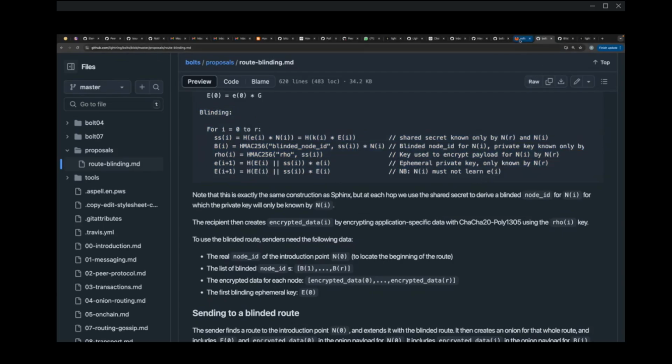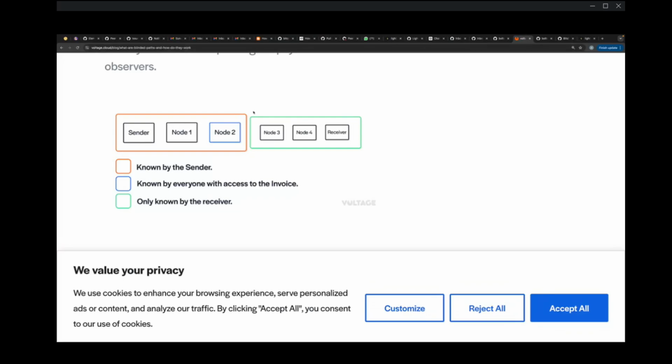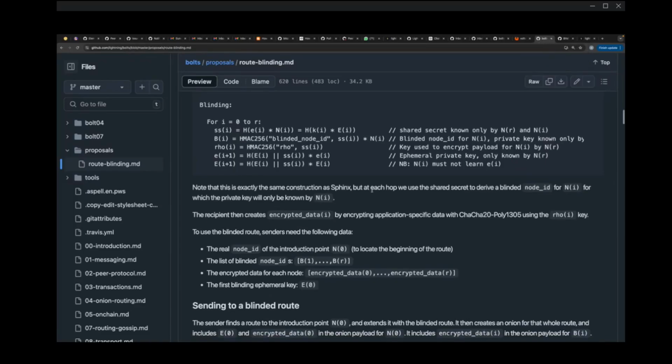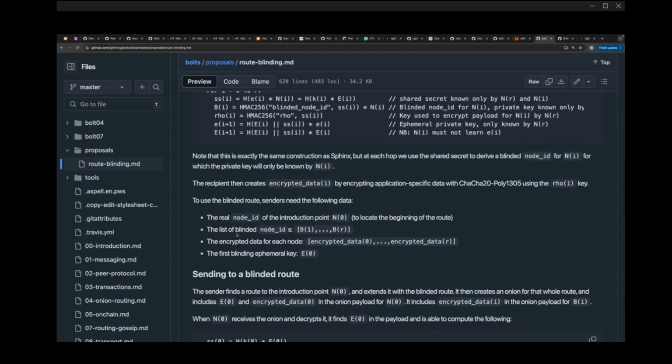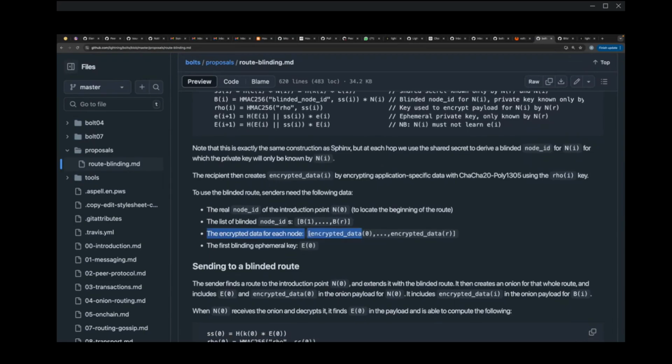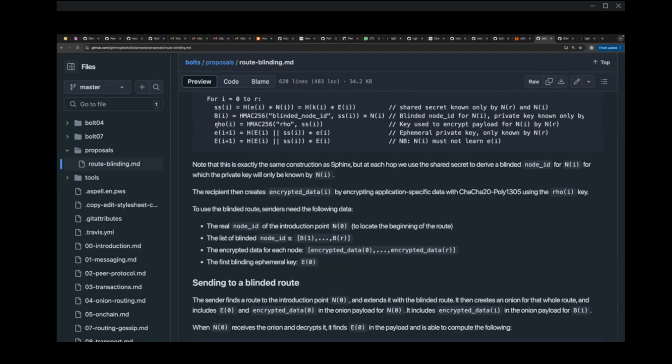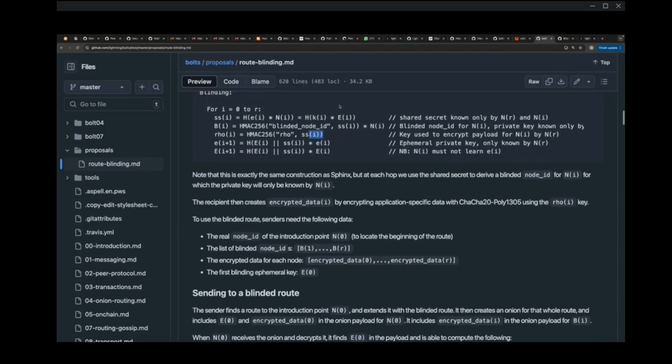The sender wouldn't know if this node ID belongs to node 4, because it would just appear to them as a normal node ID, like any other node ID. So they are not doxing any identities. And the encrypted data for each node. Each node would have encrypted data, which is encrypted using the rho key. Here, the rho key is derived from the shared secret, and the shared secret is derived from the ephemeral public key.